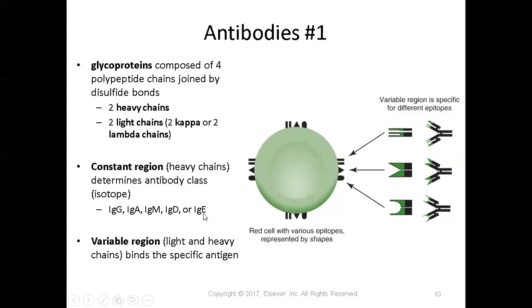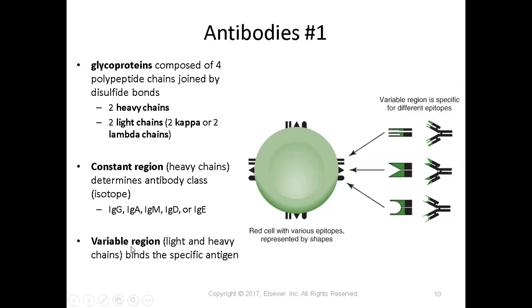The 2 that are most important to blood bank that we're going to focus on are IgG and IgM. We can tell that an antibody is IgG by its heavy chains, and likewise, we can tell that an antibody is IgM by its heavy chains as well. So the heavy chains define the class of antibody that we have.